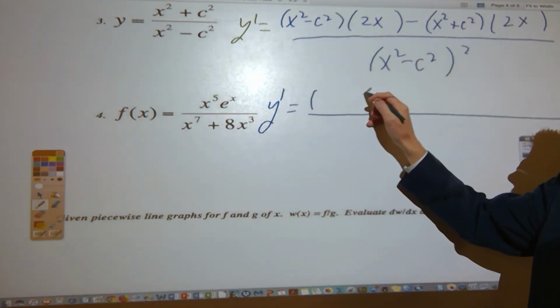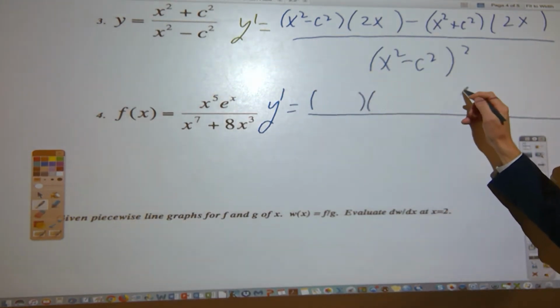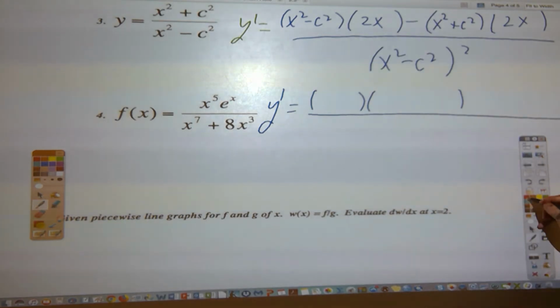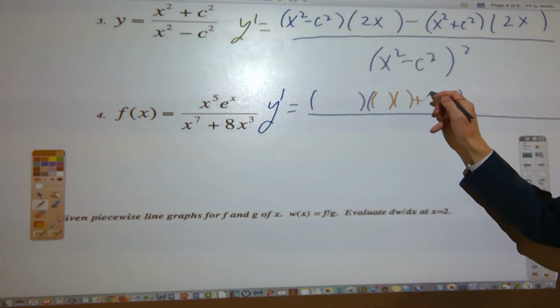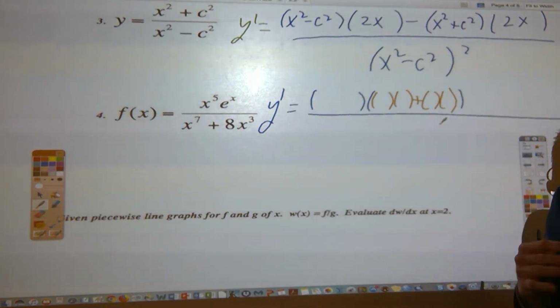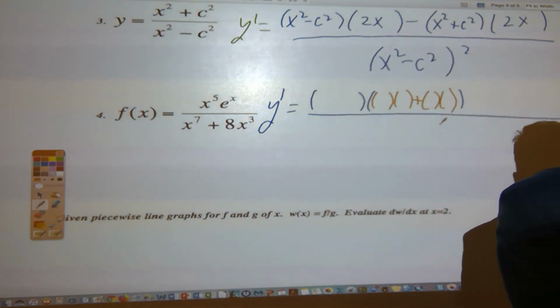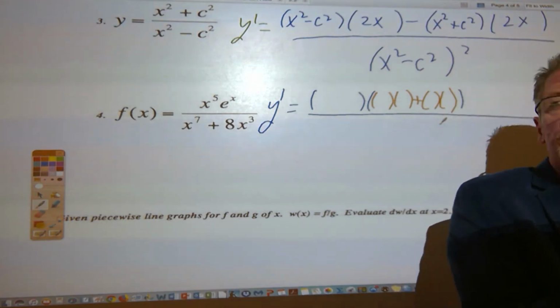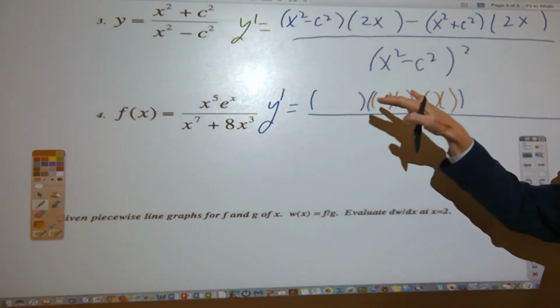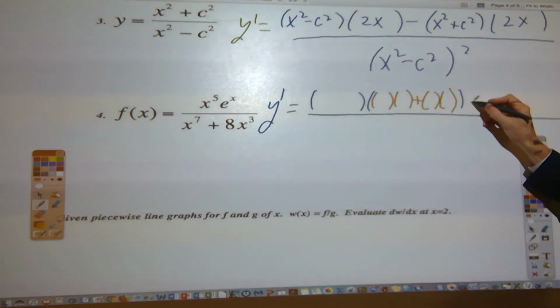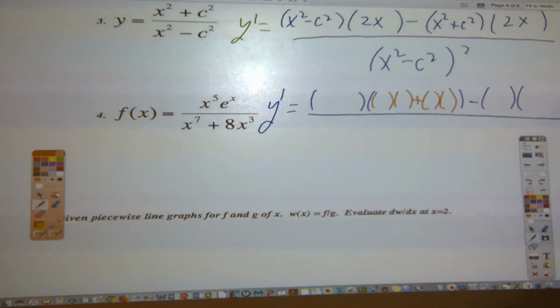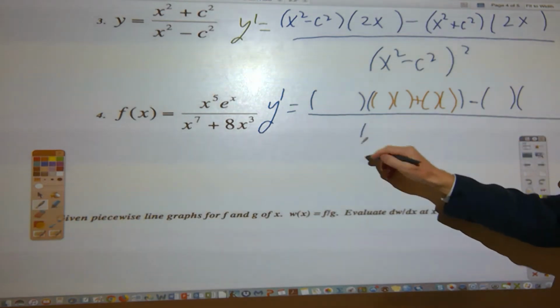It's going to be low, and then d high is going to have within it derivative of the first times the second plus first times the derivative of the second. So there's a product rule embedded within the quotient rule. So low d high minus high d low will be pretty straightforward. Draw the line and square below.